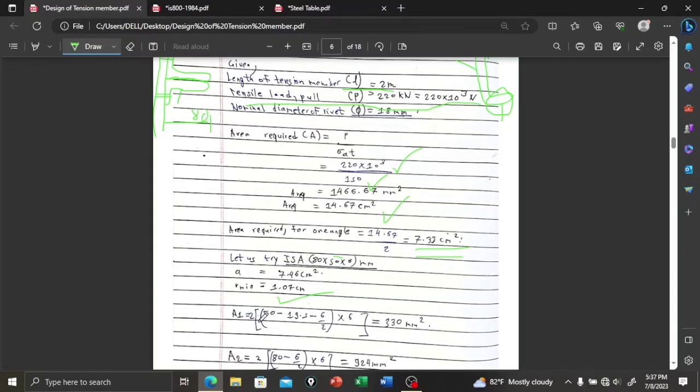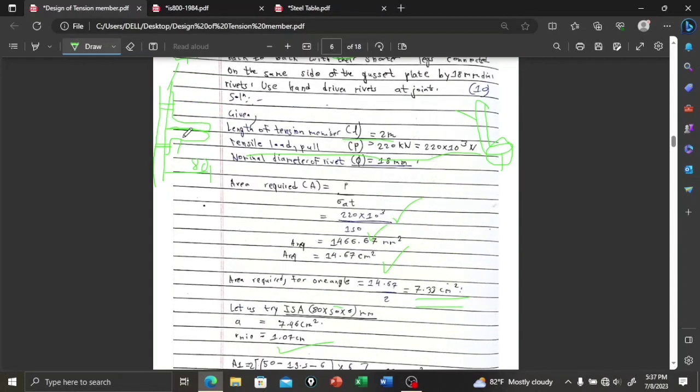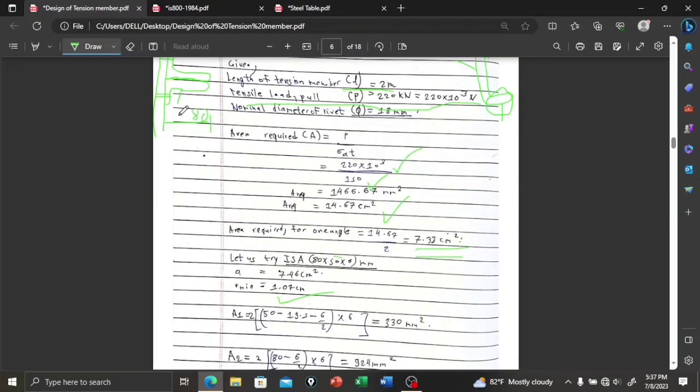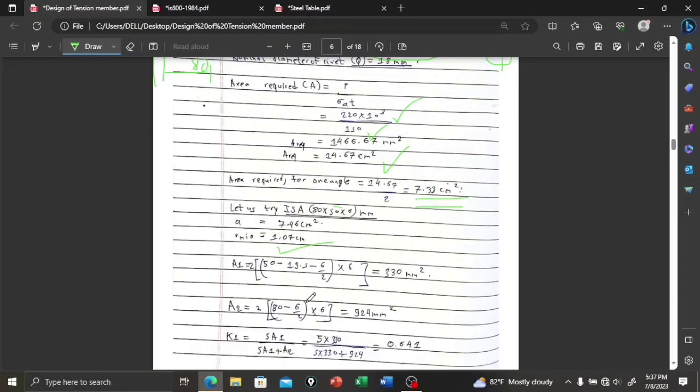So for this, because we have used 2 angles, and 50 from here to here, it is 50 minus 19.5, this diameter, and 6.2, because half will be deducted from here and half will be deducted from here, so half of 6, and 6 is the thickness. And A2 is the standing, not connected leg, that is this 80, and 6 by 2 into 6, that is 924 millimeter square.